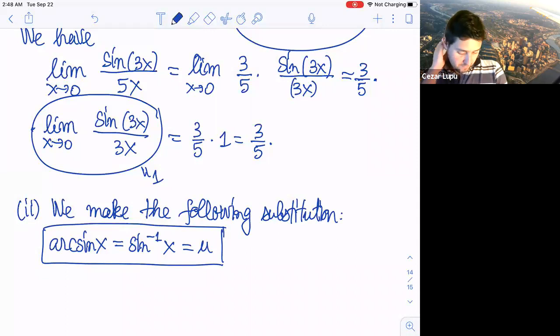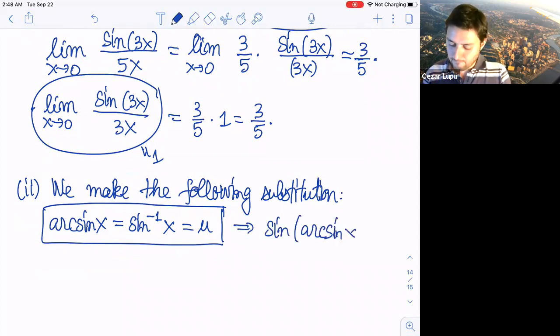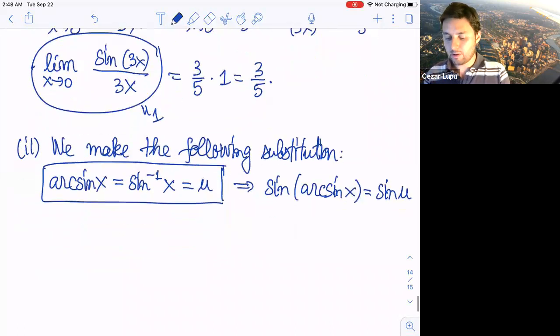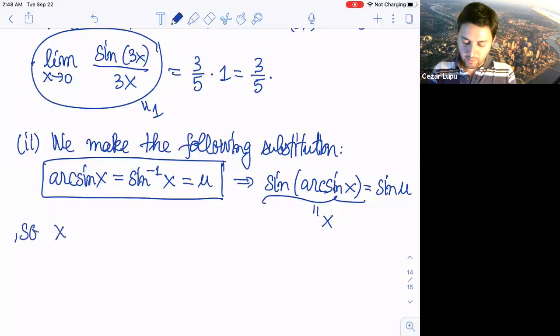What does this imply? If we apply the function sine here, this means that sine of arc sine of x is nothing else than sine of u. But sine of arc sine of x, we said that this is x. So x is sine of u.